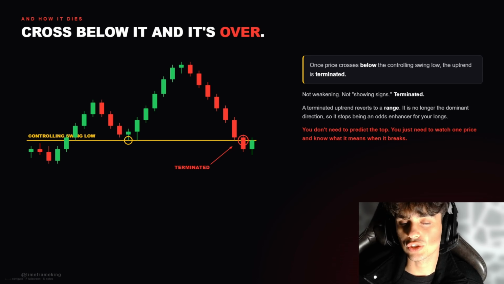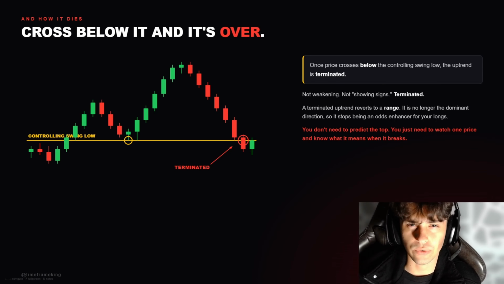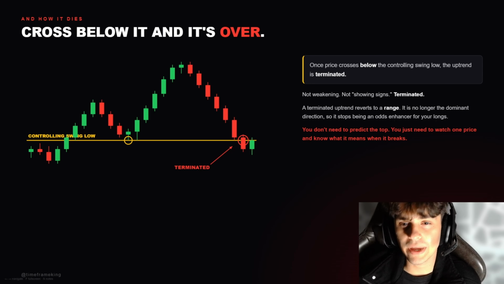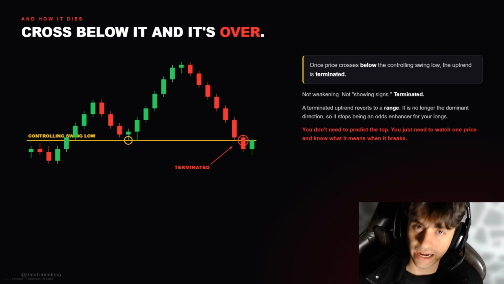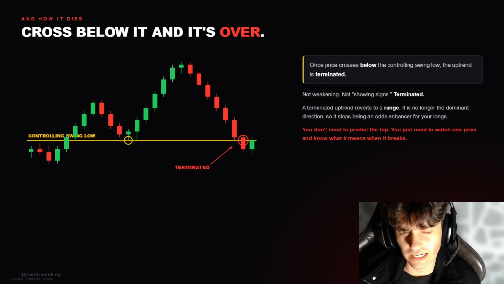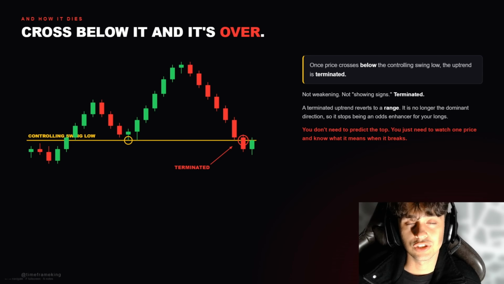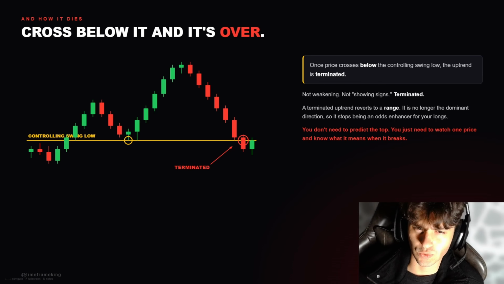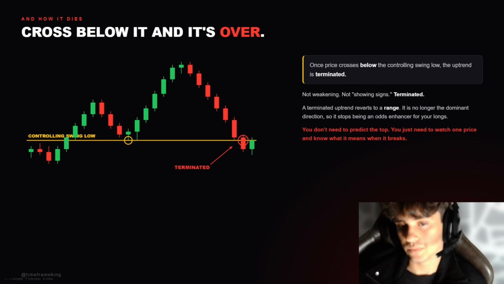And once a trend gets terminated, that turns into a range. Going up is not the dominant direction anymore, so it stops being an odds enhancer for your longs. If your buys don't have a trend behind them, they most likely won't work. So you have to make sure you're always trading with the uptrends, because once they get terminated, it's over.